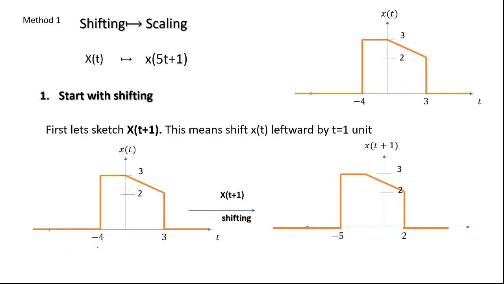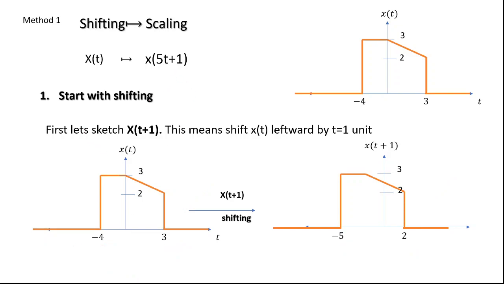So this will be -4 minus 1 and 3 minus 1. Signal should shift leftward, so it is -5 and 2. Also, the shape of the signal remains intact while performing the shifting operation.